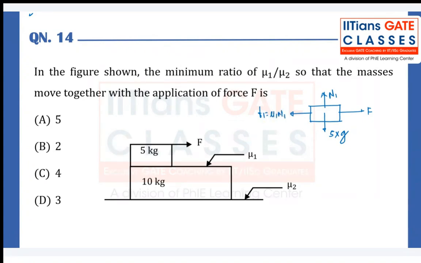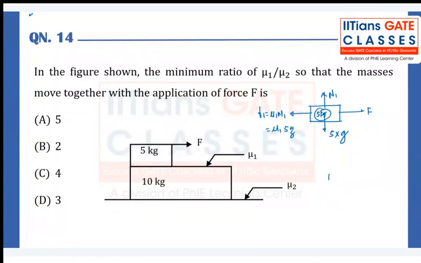F1 is equal to mu1 N1. So that will be mu1 times 5 into g, or 5 into 9.81. So let's keep it in terms of g. Then this is the 5 kg block.